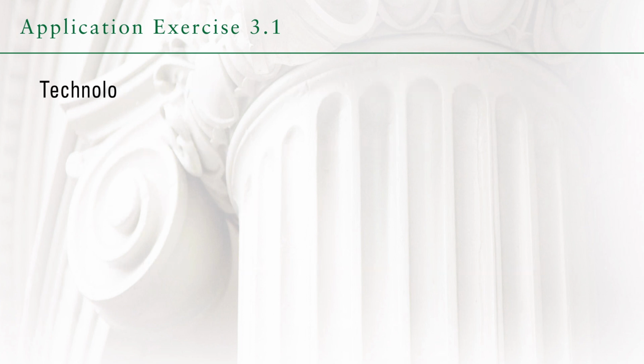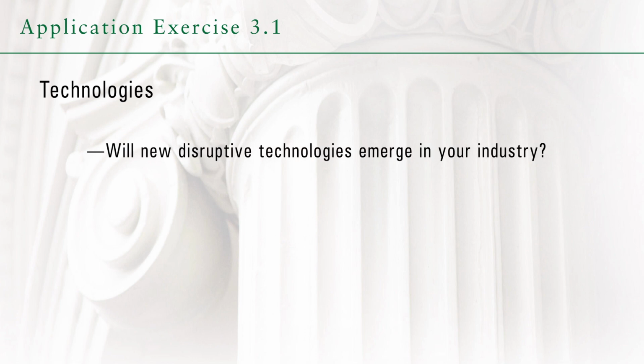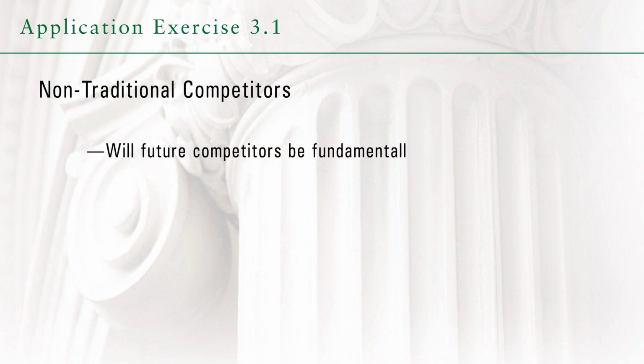Second, technologies. Will there be new disruptive technologies that could emerge in your industry, thereby opening up all kinds of opportunities? Third, non-traditional competitors. Will there be competitors of the future who are fundamentally different from your competitors of the present?